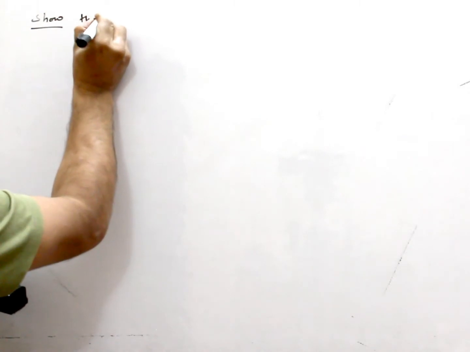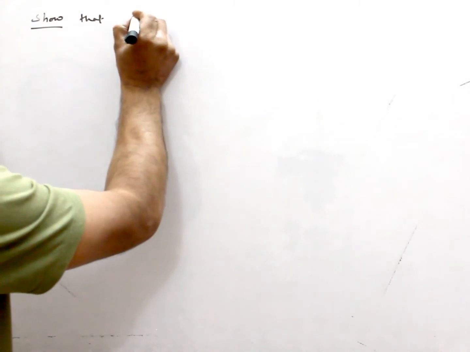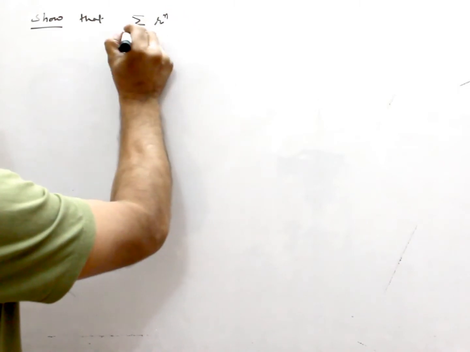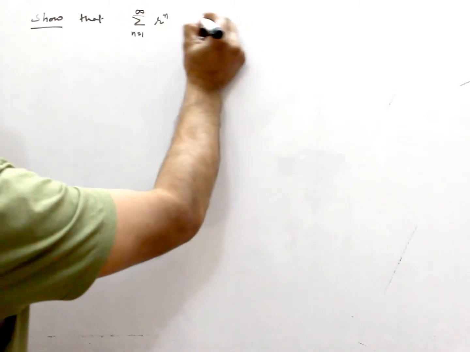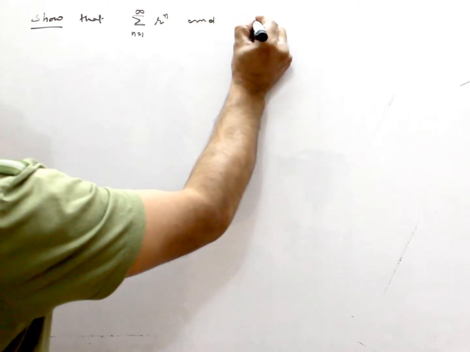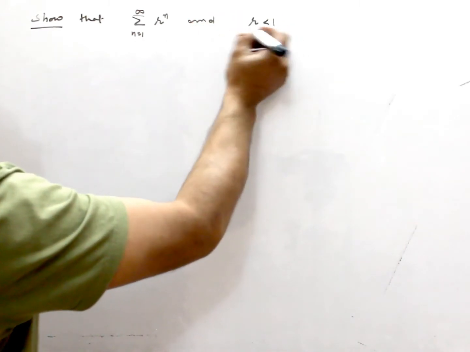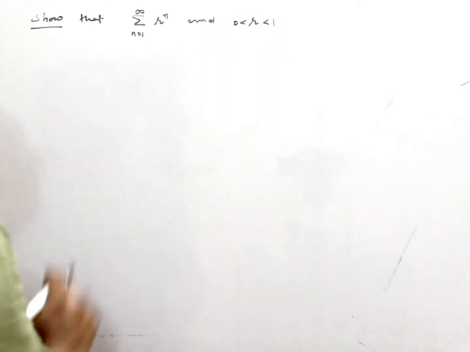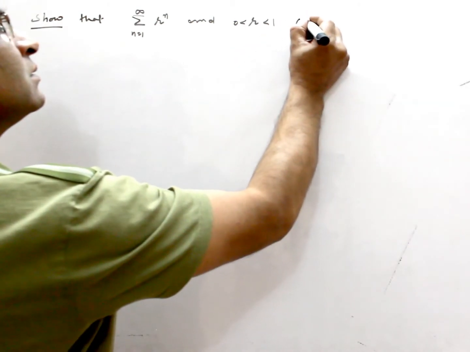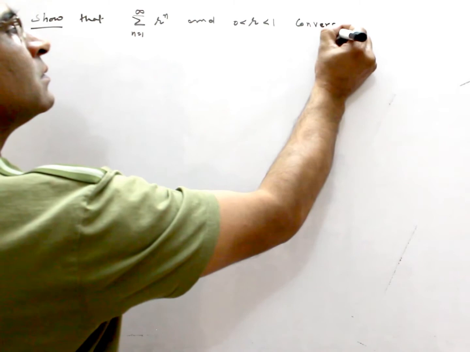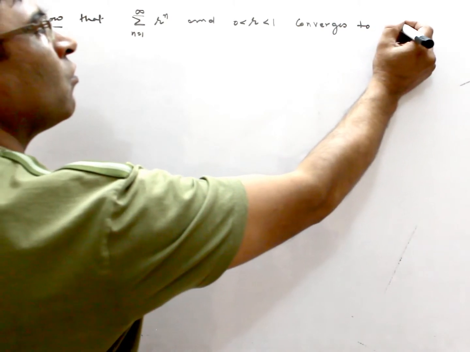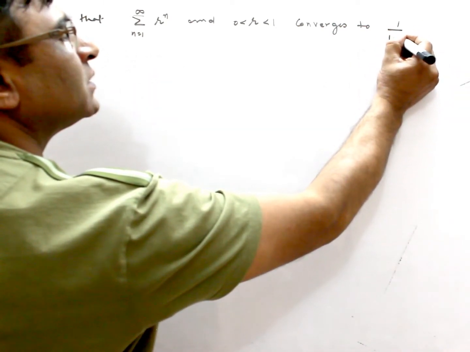Show that the series sum of r^n, where n goes from 1 to infinity and r is less than 1, converges to 1 upon 1 minus r.